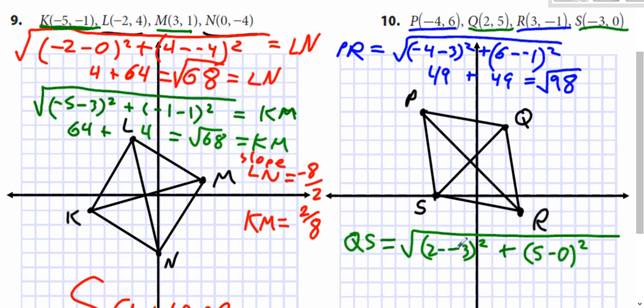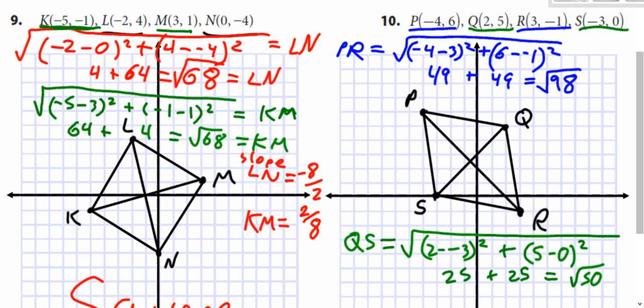So that turns to 2 plus 3, which is 5. 5 squared is 25. 5 squared again, 25. So we get square root of 50. So square root of 98, square root of 50, they are not the same length, so it's not a rectangle. Diagonals are not congruent, so it's not a rectangle.